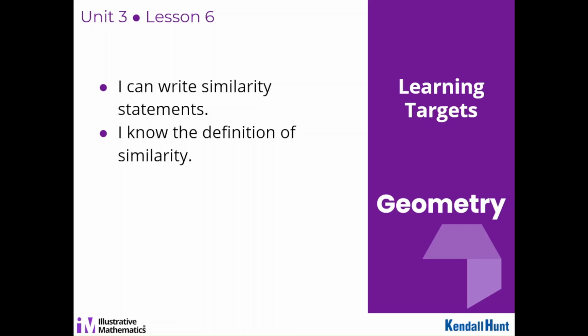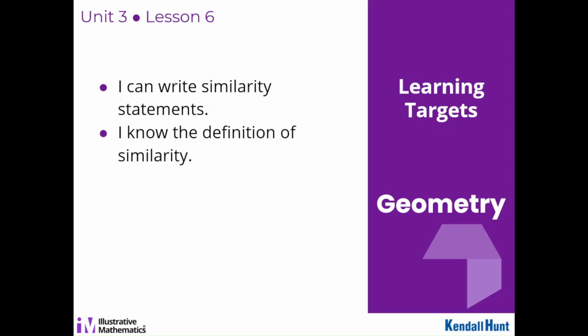And we talked about how to figure out the scale factor for your dilation. And that way we can write these similarity statements where we can explain what the steps are to put one figure onto the similar figure by going through those rigid transformations and dilations.